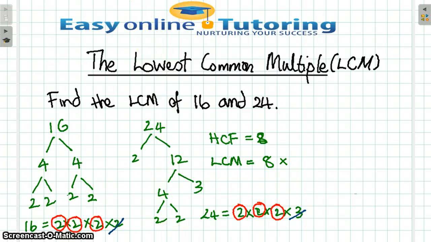So we multiply 2 times 3, which is 6. So 8 times 2 times 3 is 48. So the lowest common multiple of 16 and 24 is in fact the number 48.